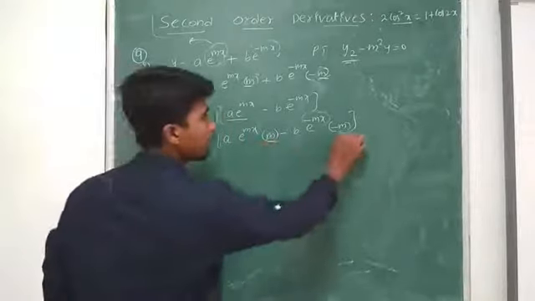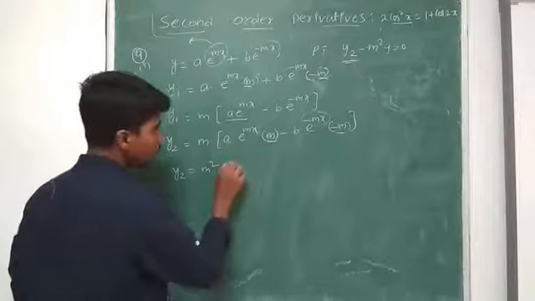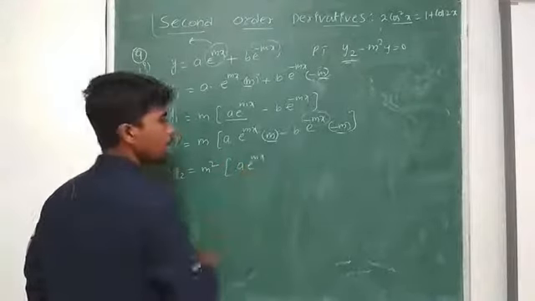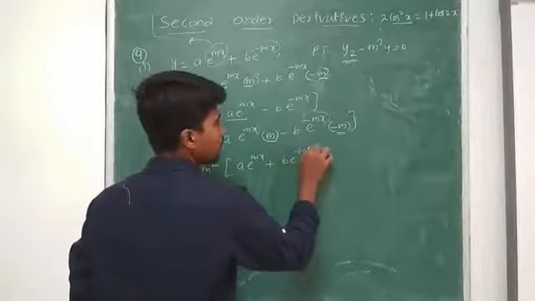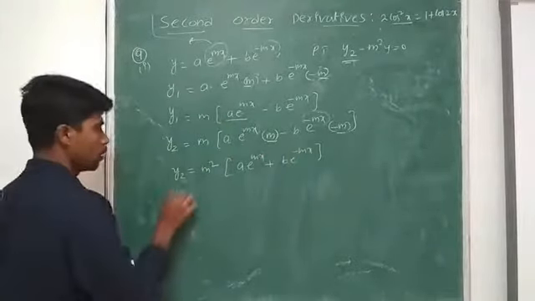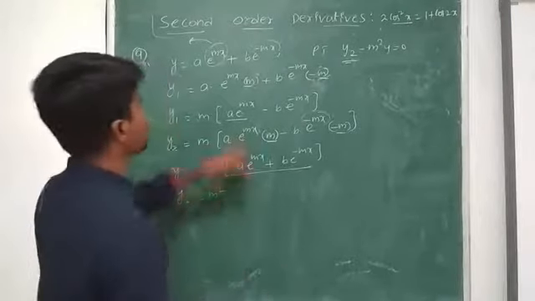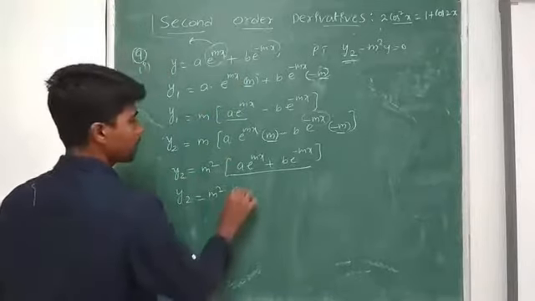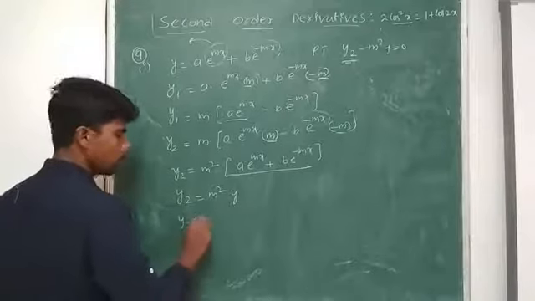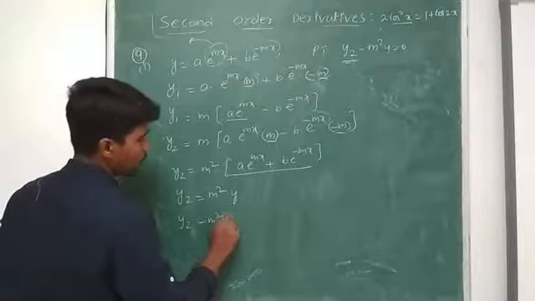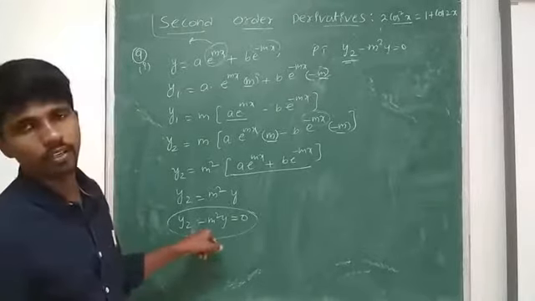Again I can take m common, so m into m square into a e power mx plus b e power minus mx. Now y2 is equal to m square into, we can replace this by y. Therefore y2 minus m square y equal to 0.